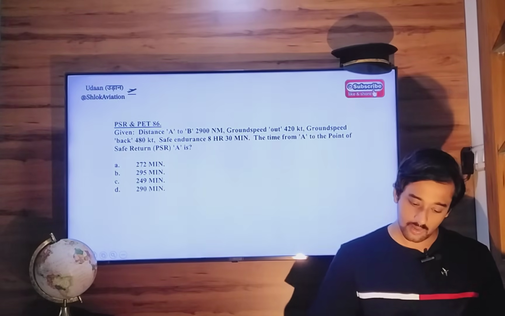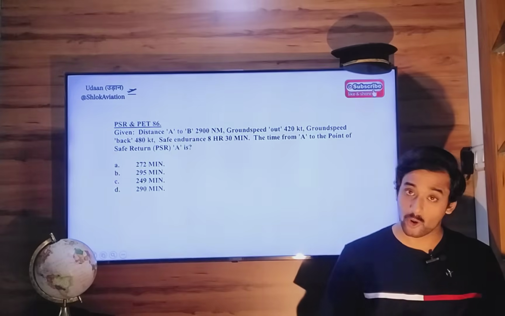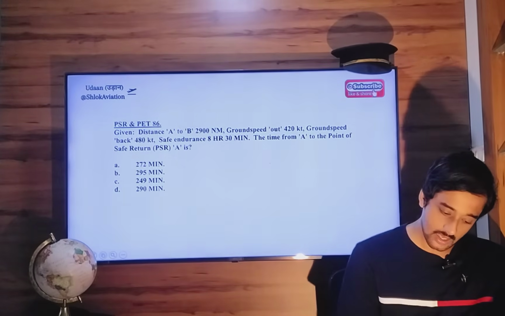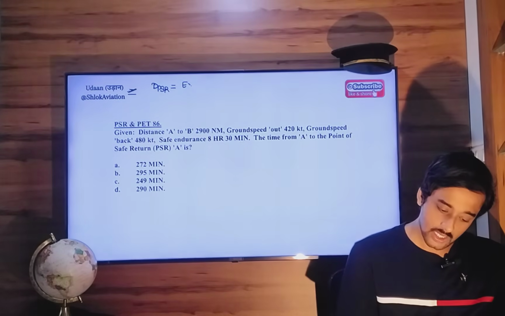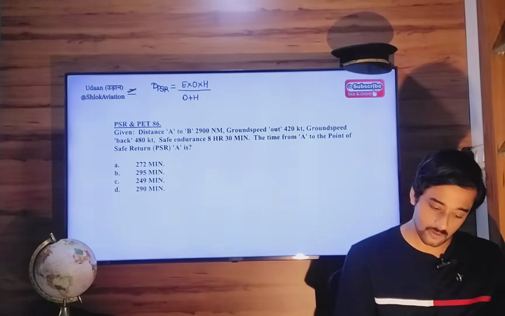86. Again, similar question. We have to find the time to the point of safe return this time. So distance to the point of safe return is endurance into outbound into homebound divided by outbound plus homebound.